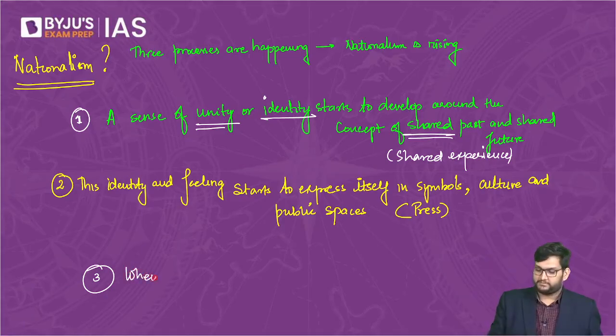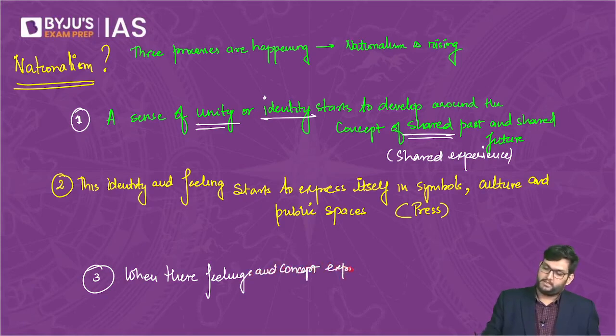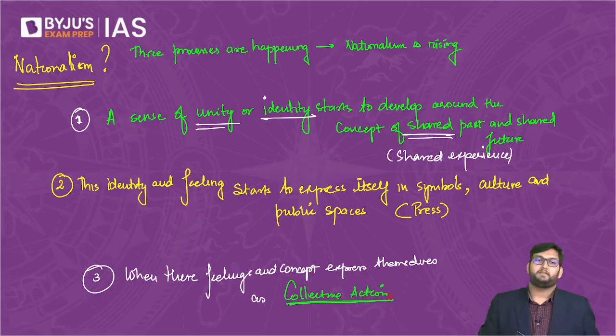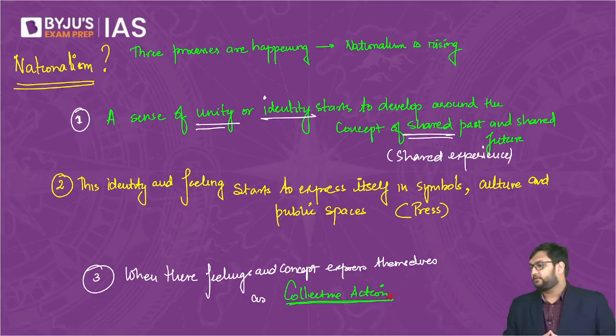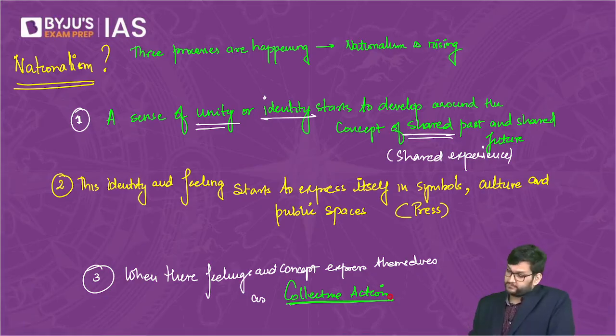When these feelings and concepts express themselves as collective action, then we believe that nationalism has truly arisen. What do I mean by collective action? That we are now ready to come on the streets in the name of this identity.